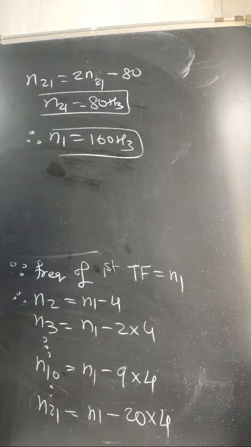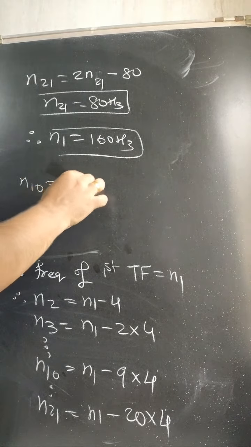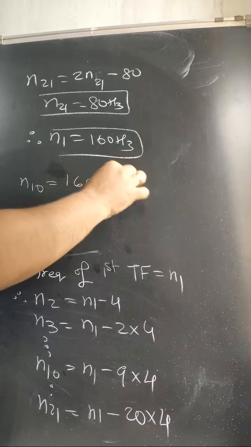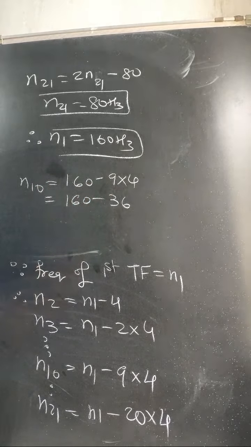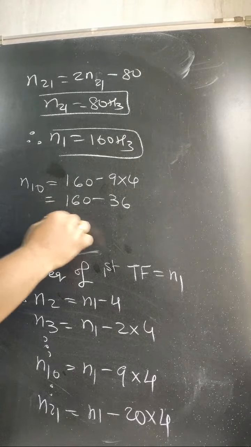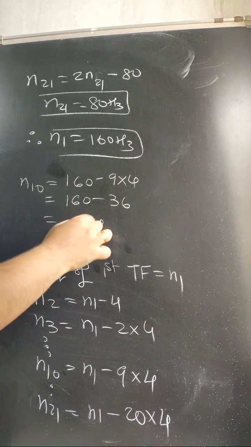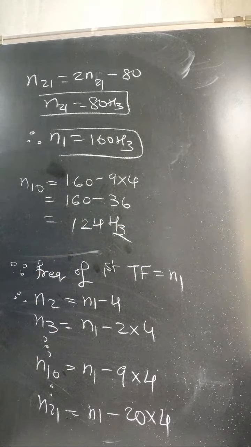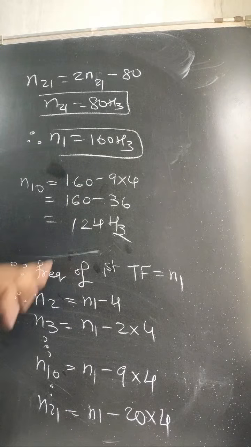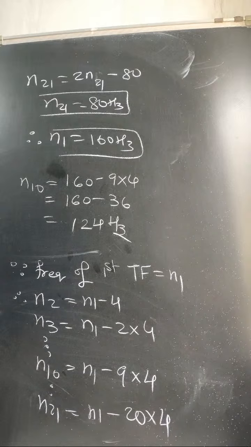Now students, we have to find the value of N10. So N10 will be equal to 160 minus 9 into 4, that is 160 minus 36, which is 124 Hertz. That is the answer.